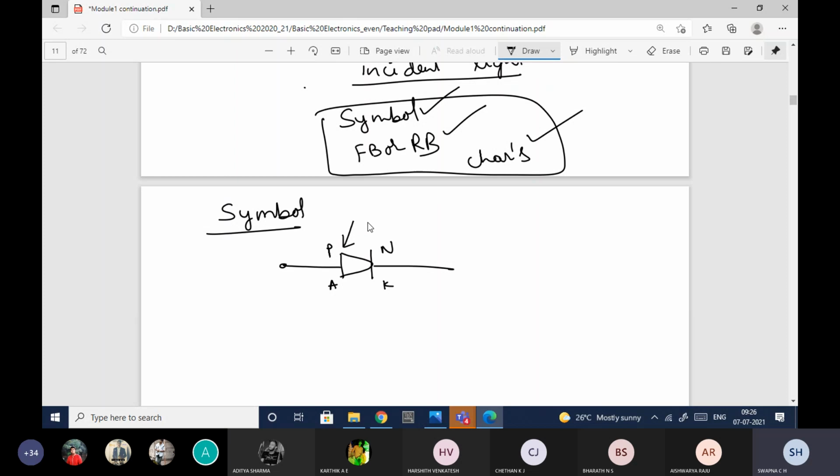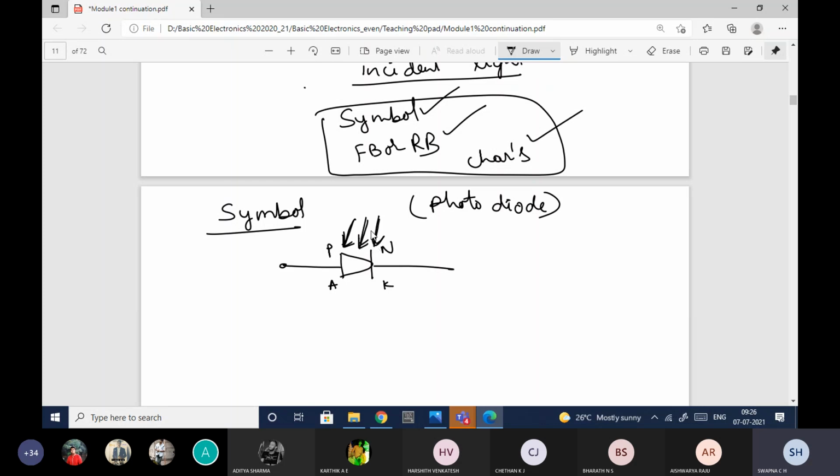When the light falls on it, based on the intensity of light, the conduction in this diode will happen. How exactly the biasing should be done, we'll see now. Otherwise, this is how the symbol of your photodiode will be. If you just observe here, I am showing something with arrows.